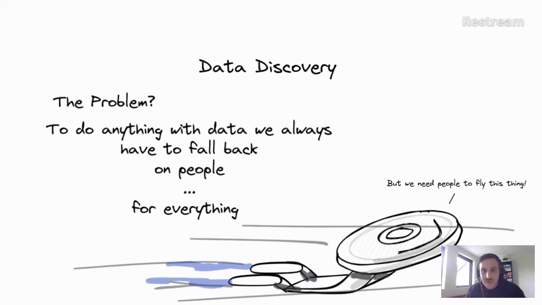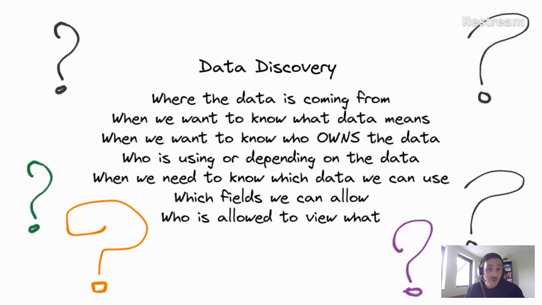We should not need people for answering questions about where the data is coming from, what data means, who owns the data, who owns the system that is producing the data, or who owns the pipeline that is outputting data into that system. We shouldn't have to ask who is using or depending on the data, or figure that out when something breaks and they come to us.